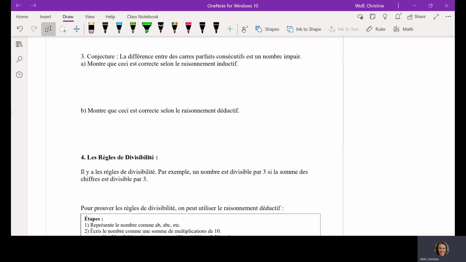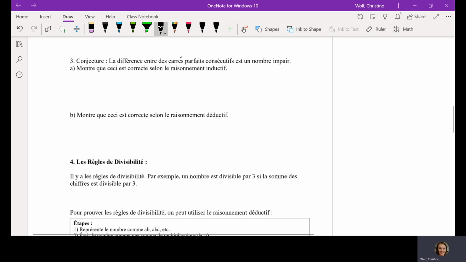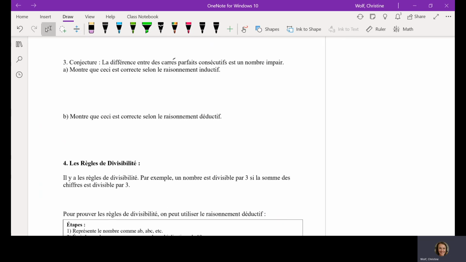Et c'est déjà donné. So, la différence entre des carrés, je m'excuse, des carrés parfaits consécutifs et un nombre impair. Okay, let's think about that for a second. So, la différence entre des carrés parfaits consécutifs.